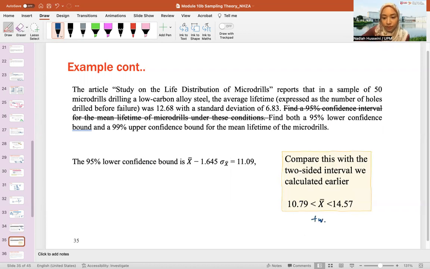This is your lower bound and this is your upper bound. This is your lower bound for one-sided. Now we can see that our lower bound for the one-sided interval is higher than our two-sided.